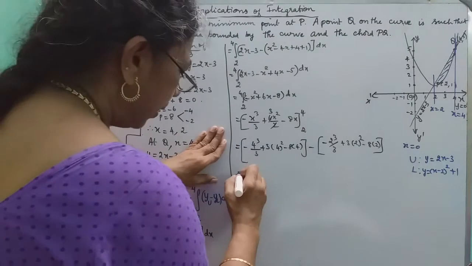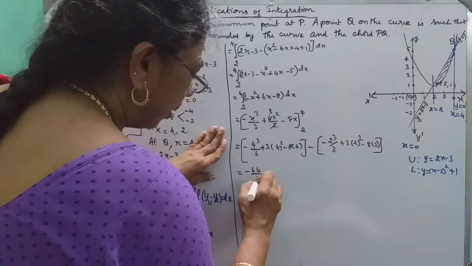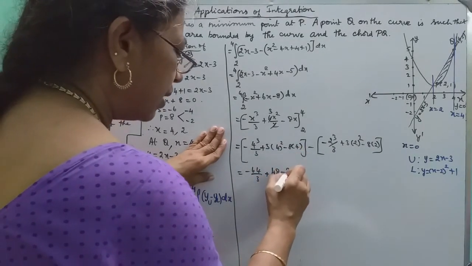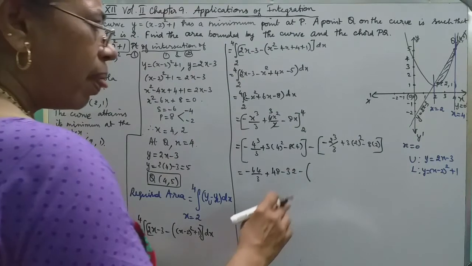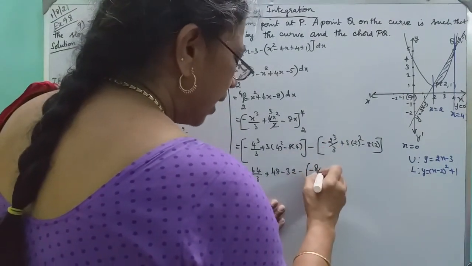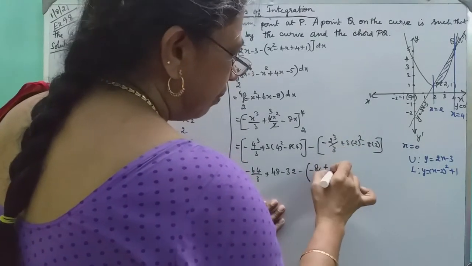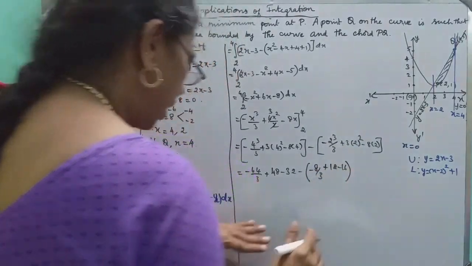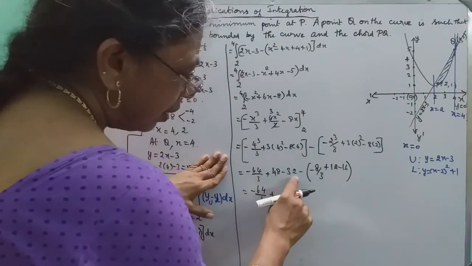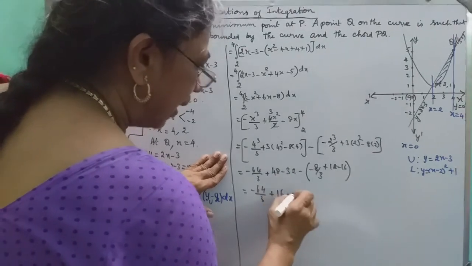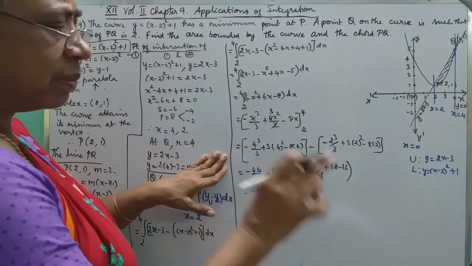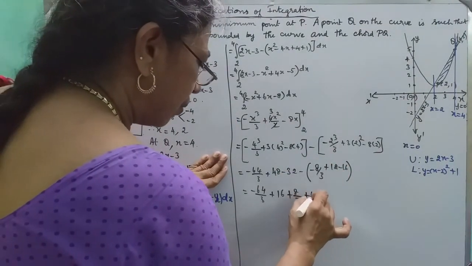Okay, and this is nothing but minus 64 divided by 3 plus, this is 16, 16 3s are 48, minus 4 8s are 32, minus, we can just multiply inside, minus 8 by 3, then plus 3 4s are 12 minus 16. Now remove the brackets. So minus 64 divided by 3 plus, if you simplify this, we have 16, minus into minus plus 8 by 3, then 12 minus 16 is minus 4, minus into that is plus 4.